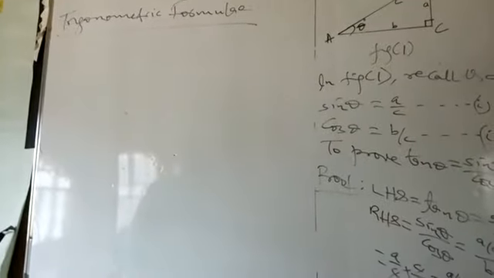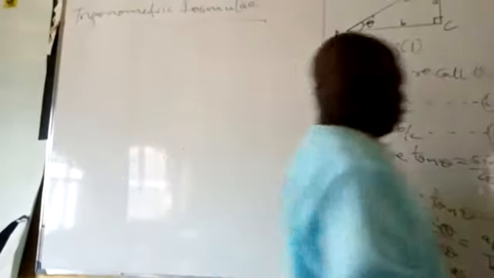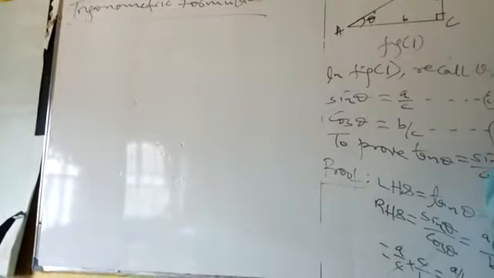So you can multiply throughout by C square. Let me call this one equation 1, just for reference.